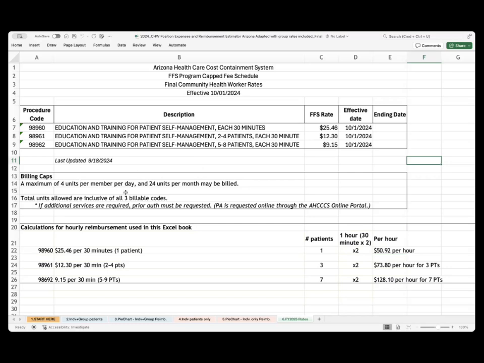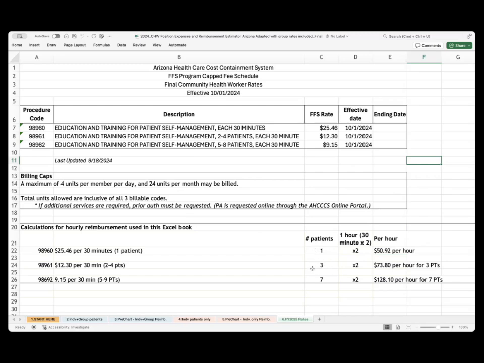Below here, you see a bit of details about billing caps. There are a maximum of 4 units per member per day, and 24 units per member per month that may be billed. And then a note about the calculations in the workbook, because in the workbook, what you're going to see is estimates around visits with a single patient, the 98960 code.